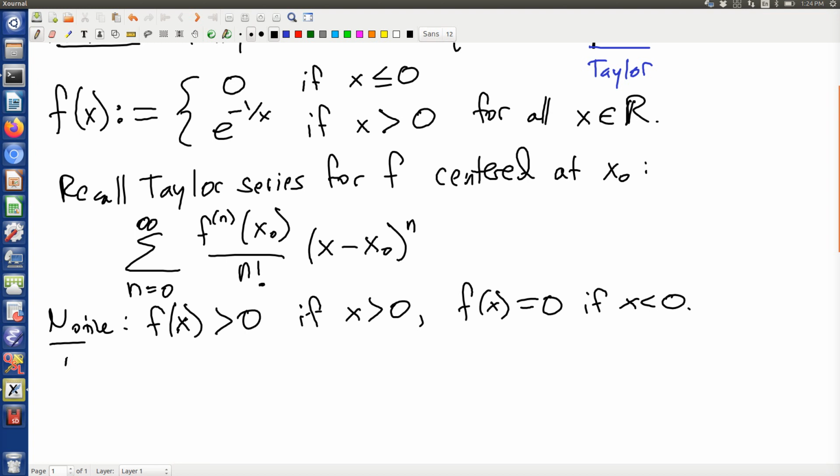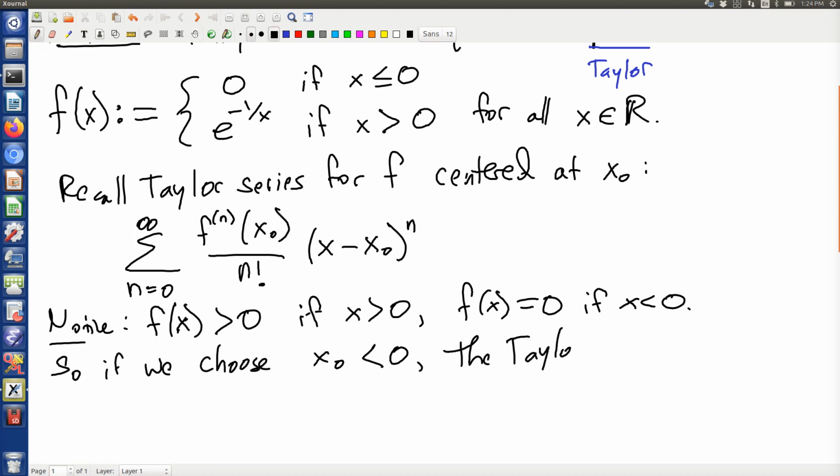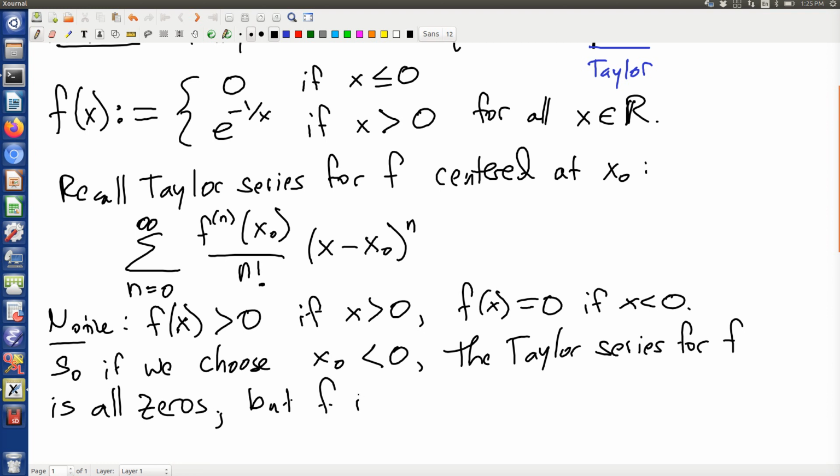So if we choose a center to be less than 0, anywhere less than 0 will do, the Taylor series for f is all zeros. But f is not.